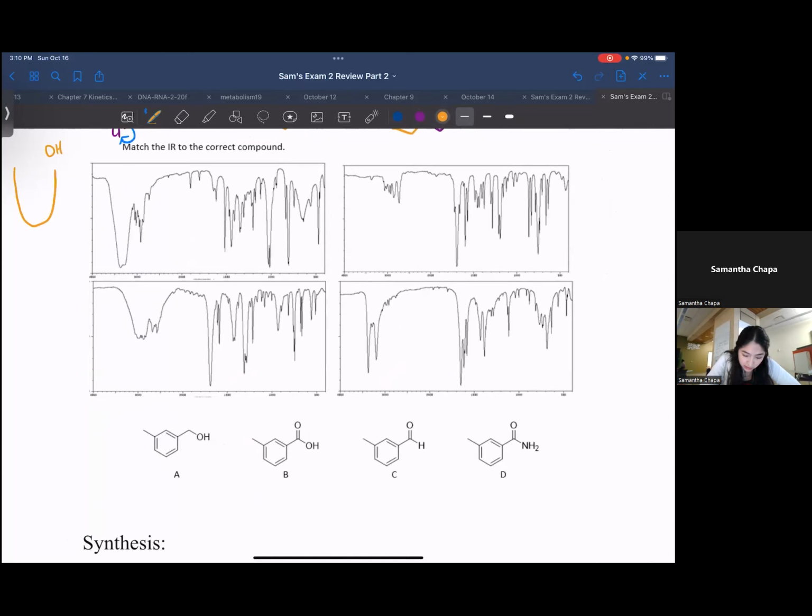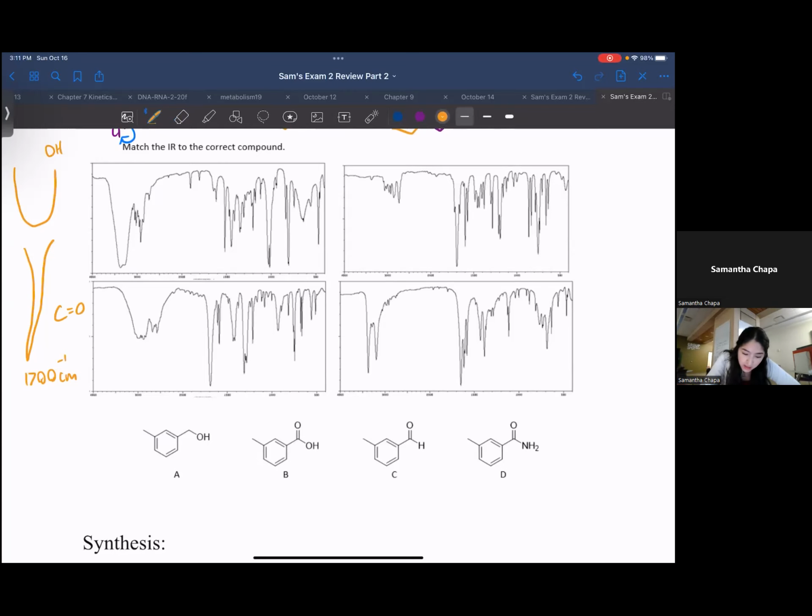And the thin sharp peak at 1700 inverse centimeters is going to be the carbonyl group. And I'll teach you the trick to the other one, because I don't think it was taught to many people. So let's just start with those.